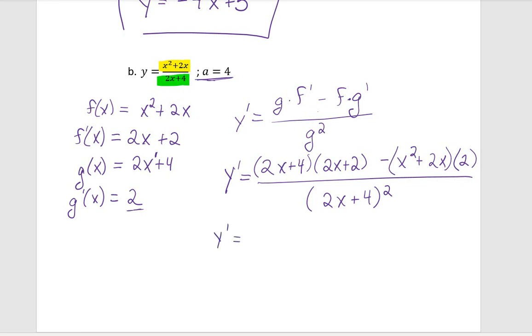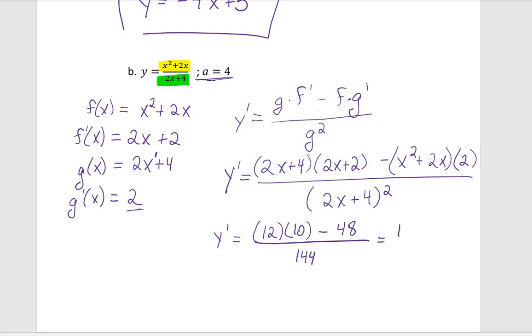So y prime equals, let's see, 2 times 4 is 8, plus 4 would give us 12, times 2 times 4 is 8, plus 2 would give us 10, minus, and then here we're going to have 16 plus 8 would give us 24, times 2 would give us 48, all divided by 2 times 4, which is 8, plus 4, which is 12, and then square that and you're going to get 144.